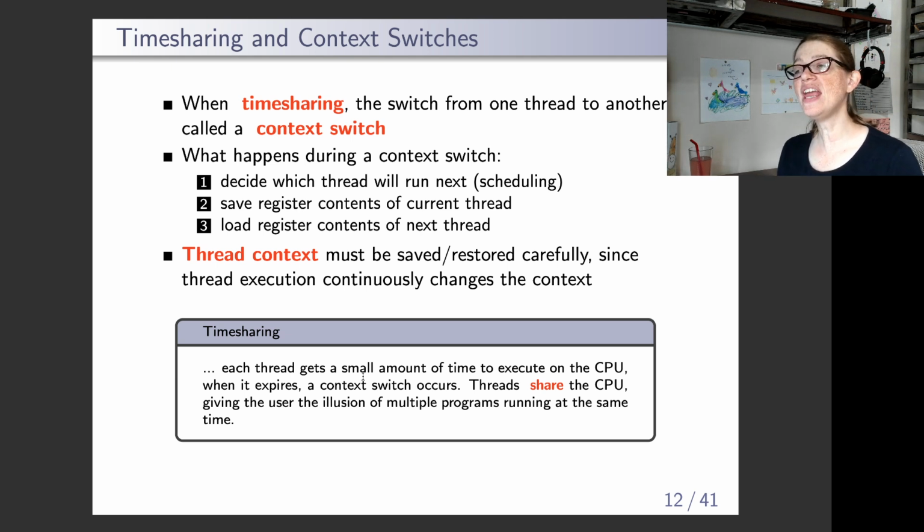So when we are saying, let's do a context switch, we actually need to choose another thread to go next. And how we choose which thread goes next is the topic of scheduling, and we're actually not going to talk about that until the last month of the course.